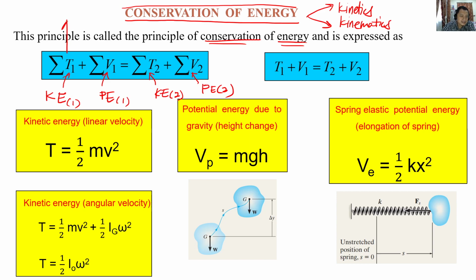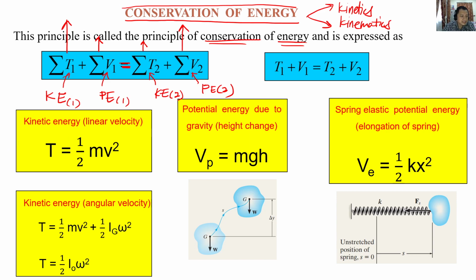One might get higher, the other slightly lower. Maybe the kinetic energy will become slightly lower and the potential energy slightly higher. But the total amount of energies from the beginning until the end remains the same.